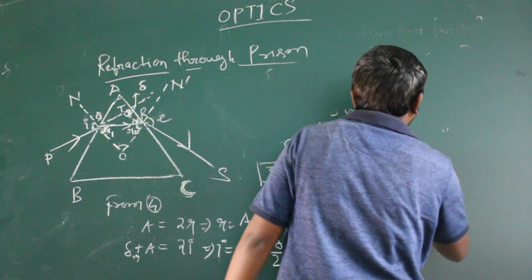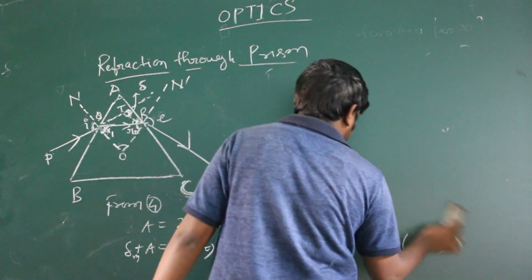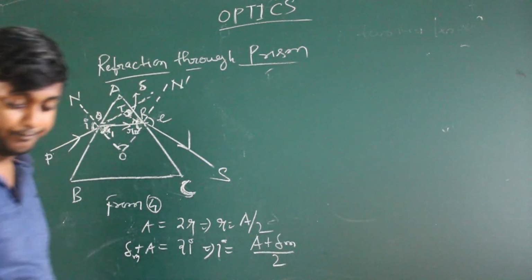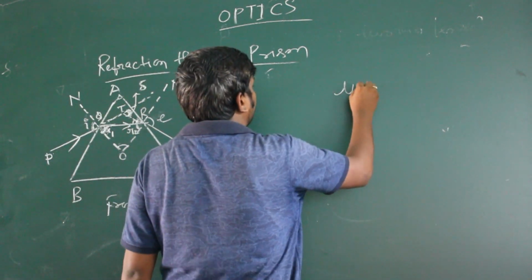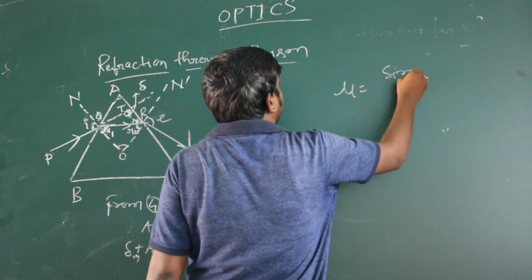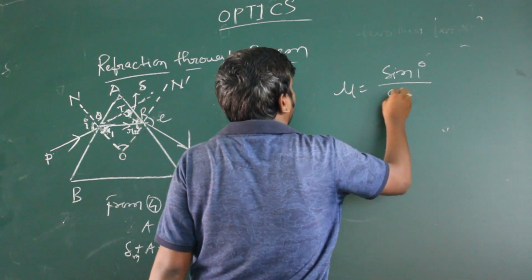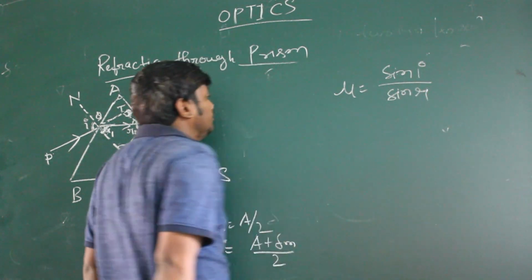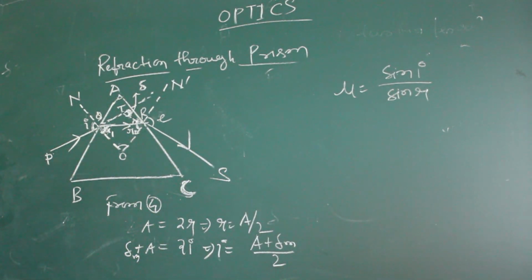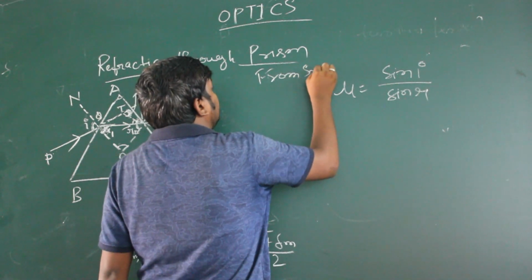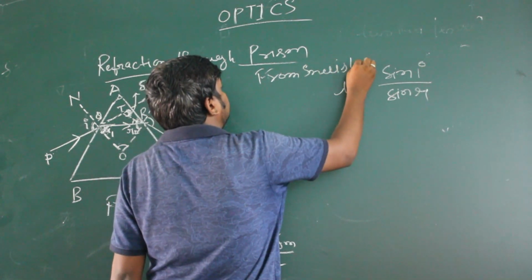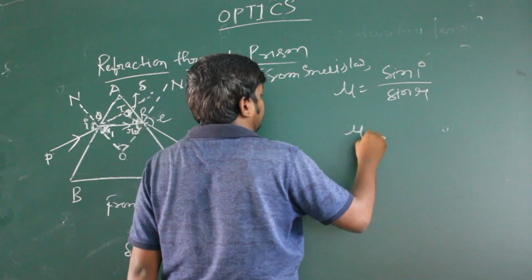Now see carefully. Now we know from Snell's law, mu equals what? Mu equals sin I by sin R. From Snell's law. So put the value of I here.